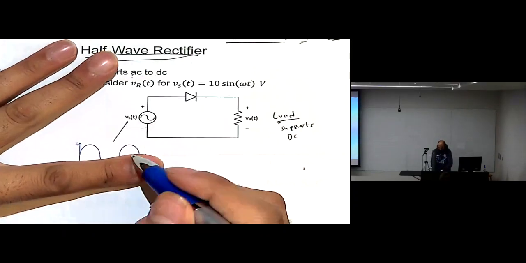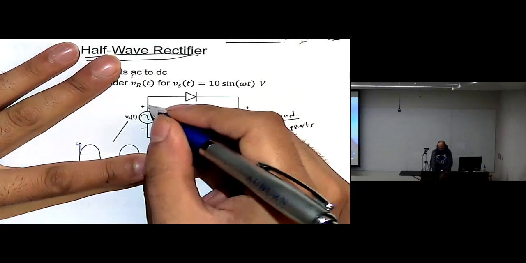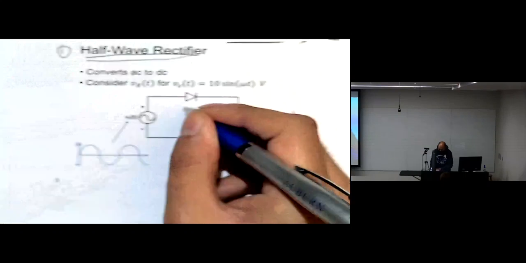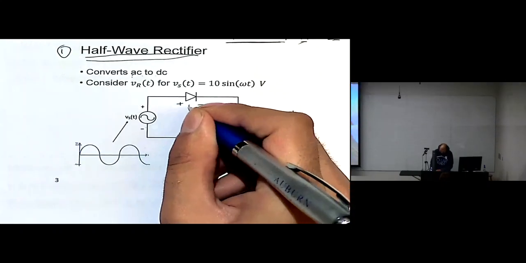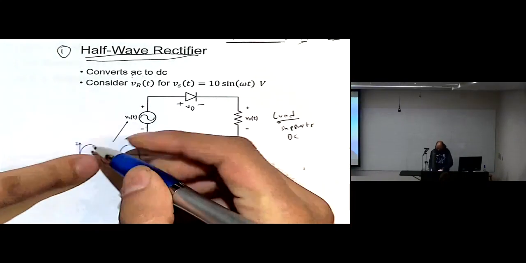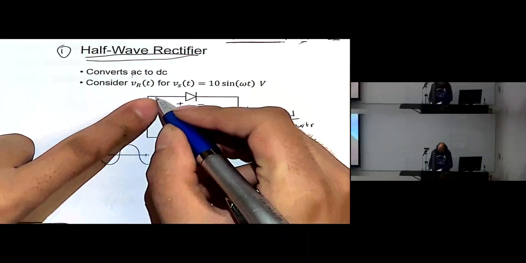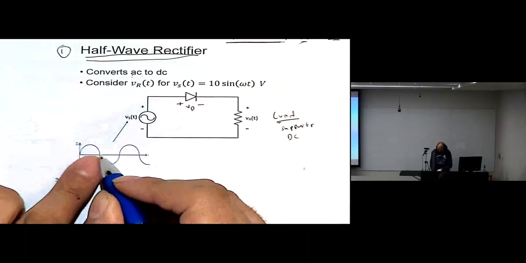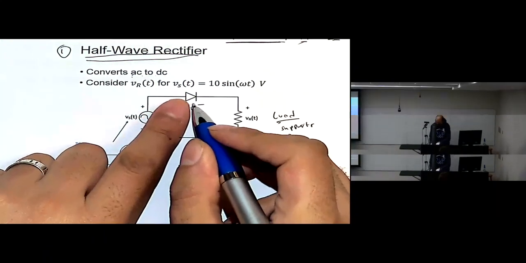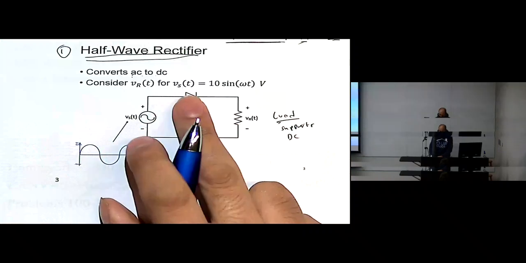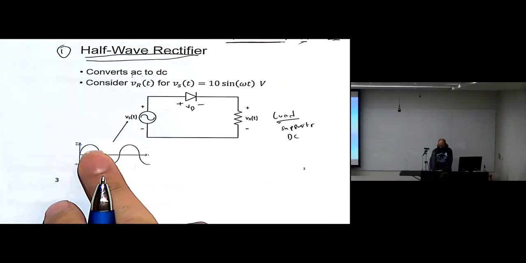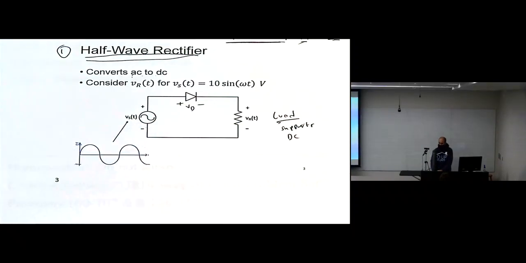For the positive side, the voltage at the resistor will be positive and the current is going this way. For the negative side, this one will be negative. So the diode will be turned on in the positive cycle and turned off in the negative cycle.